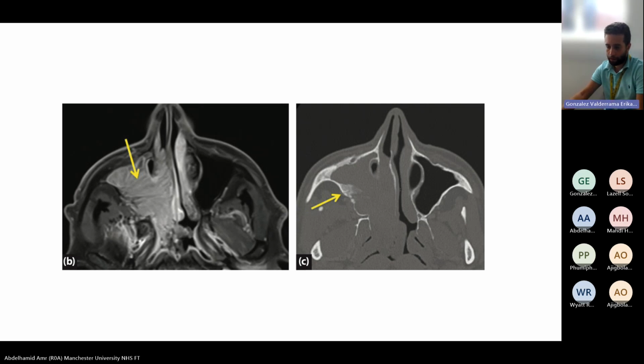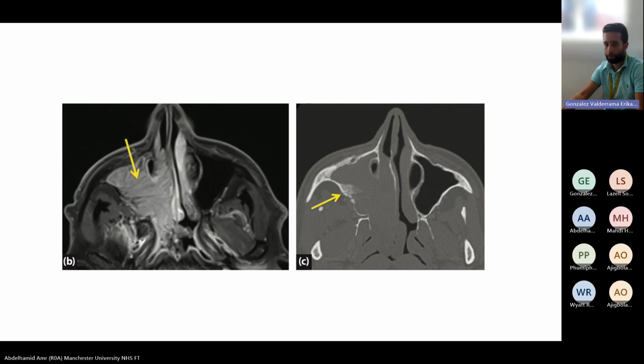And then when we did an MRI scan, again, this is the extent of the pathology. On the CT scan, you can see the arrow here, a bit of an osteitic area. This is an inverted papilloma.